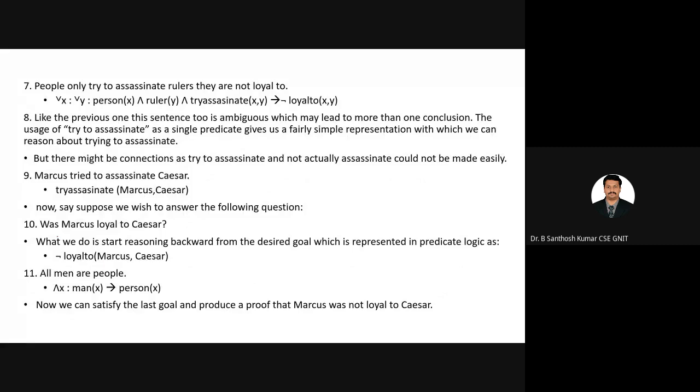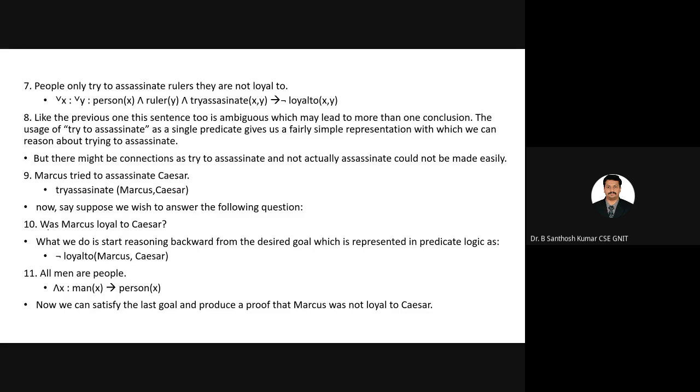Then the next one, people only try to assassinate rulers they are not loyal to. For not loyal to, we represent this as: person of X and ruler of Y and try to assassinate of X comma Y implies not loyal to X comma Y. Then the ninth statement, Marcus tried to assassinate Caesar, is try assassinate of Marcus comma Caesar.